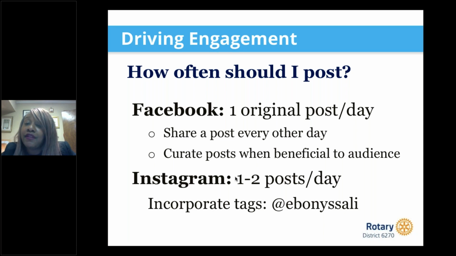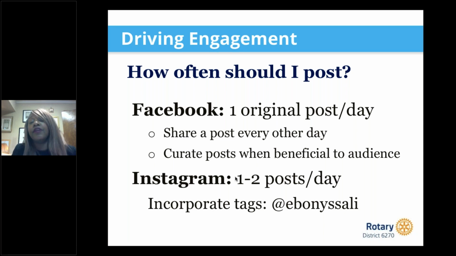Curate posts when beneficial. So you know your clubs, you know the posts that people are clicking like on, and you know the posts that people don't like. So you can kind of curve your media based on the feedback that you're getting. When it comes to Instagram, 1 or 2 posts per day, most people expect.